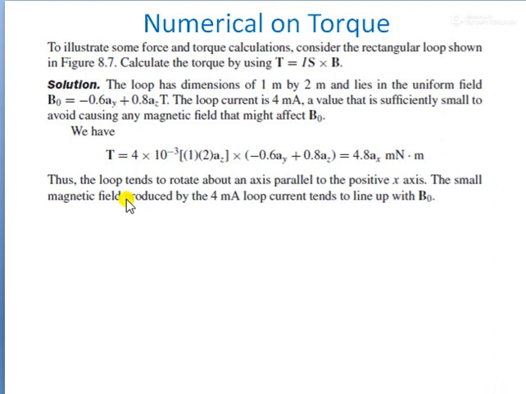So small magnetic field produced by the 4 milliampere loop current tends to line up with B0. So this is the problem regarding the torque on a planar coil, right? So you can solve many problems by considering any different shape for torque.